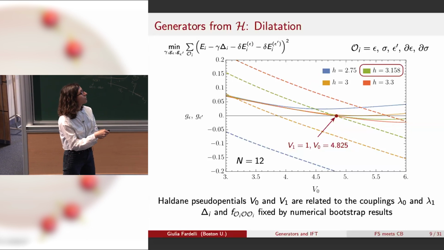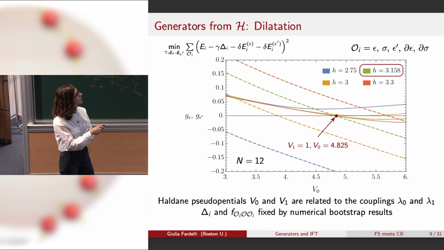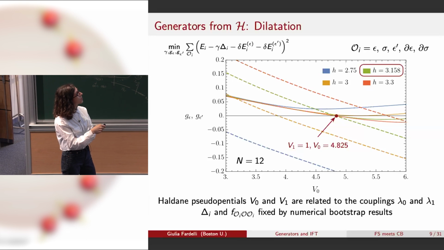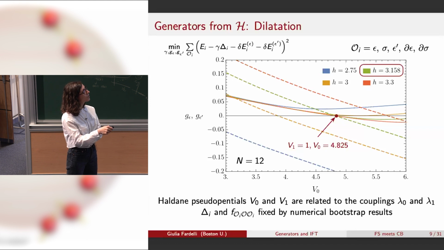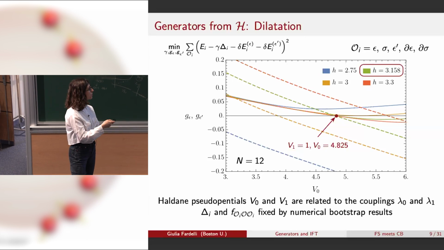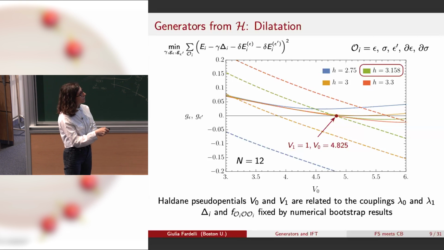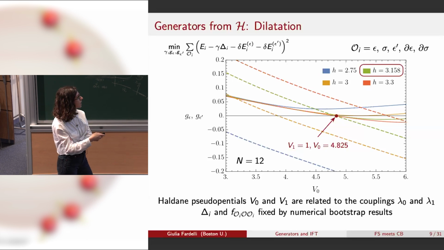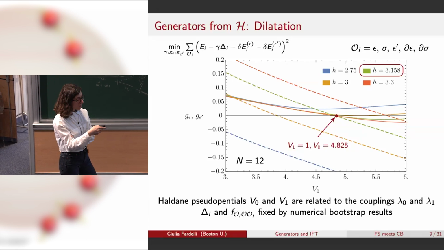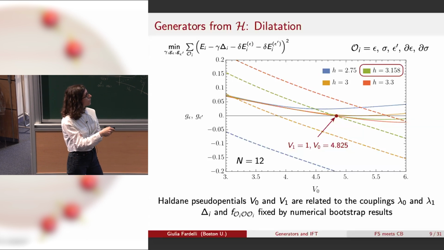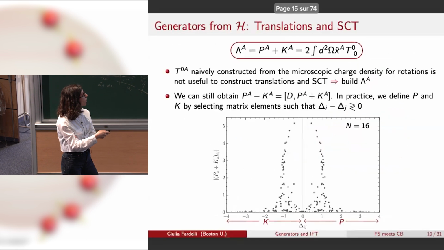And we define our fixed point as the point in which both G epsilon and G epsilon prime are 0, and we find that the point is H equal to this value and V0 equal to this value, which is really close to the original fuzzy sphere fixed point. And just as a reminder, this V0 and V1 are related to the lambda 0 and lambda 1 that I showed you in the Hamiltonian. So this is the fixed point we are going to use all throughout the talk.